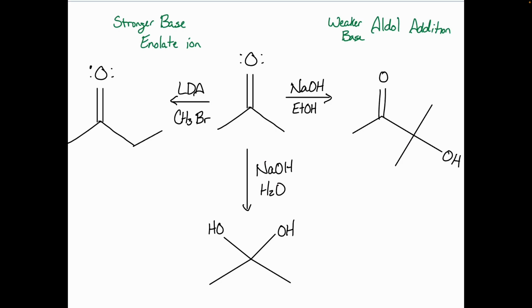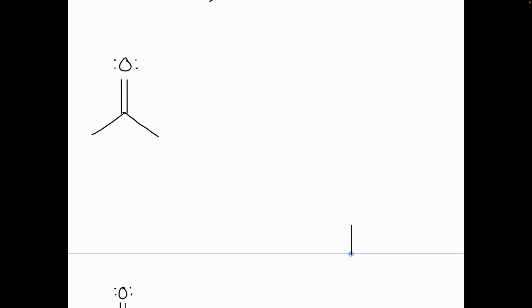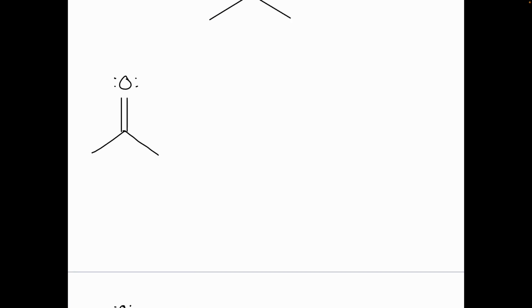All right, we talked a lot about those enolate ions last time, so let's remind ourselves. Let's put some LDA in there so we get 100% conversion to that enolate ion. It's going to deprotonate that alpha carbon.